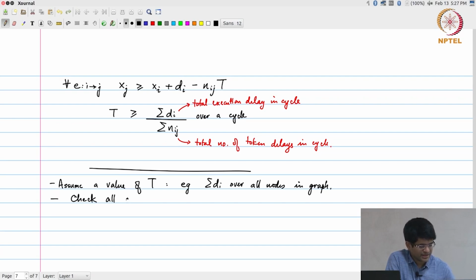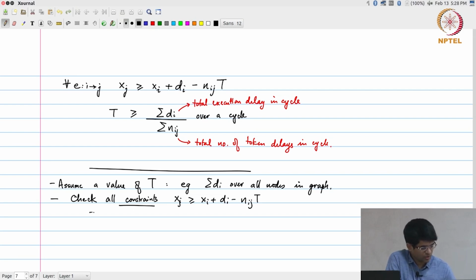and check all the constraints of the form xj greater than or equal to xi plus di minus nij into t. What do I mean by check the constraints? The problem that I have over here is that the xi values are unknown. Okay.